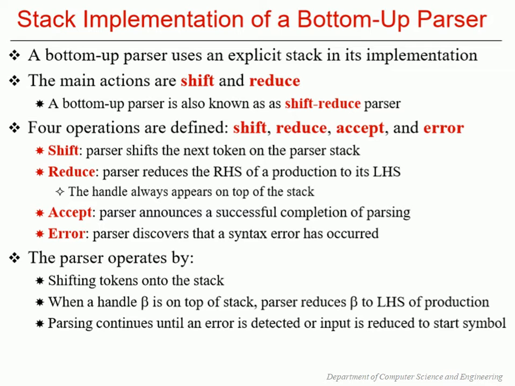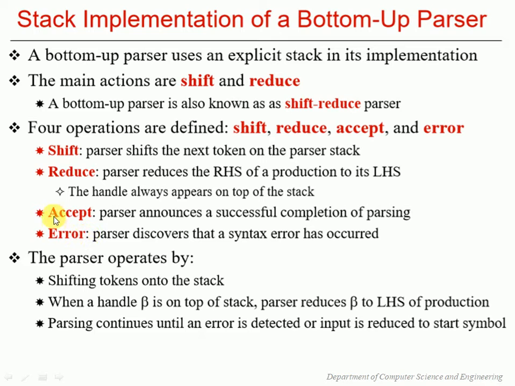For this we need the handle. The handle always appears on top of the stack, so whenever there is a handle present for a reduction, it has to be on the top of the stack.